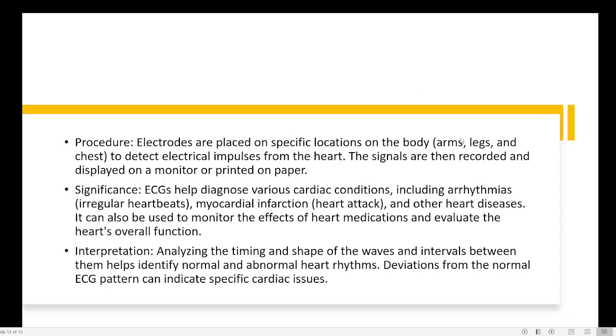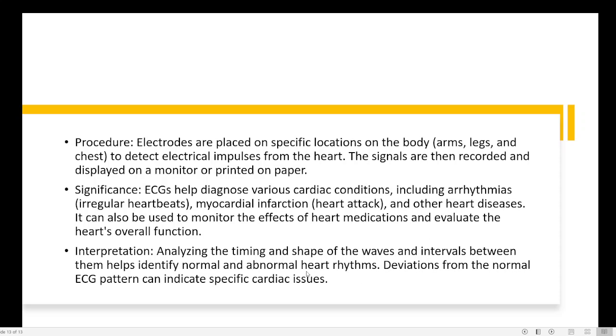It shows irregular heartbeat like arrhythmia, then myocardial infarction, heart attack. So many of the important diseases can be detected by simply taking an ECG. For example, if the person had a heart attack, by taking the ECG, the doctor can immediately tell. So that is the significance of ECG.